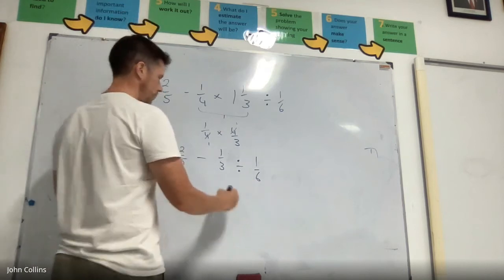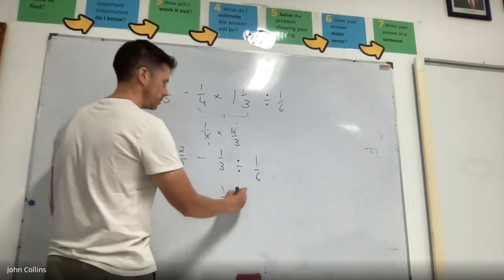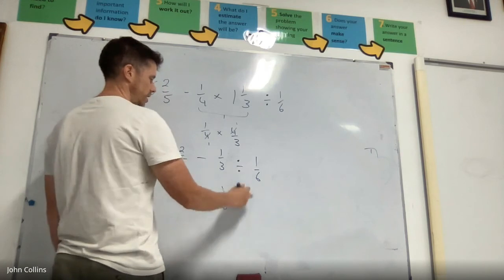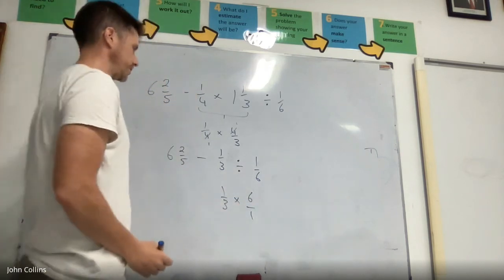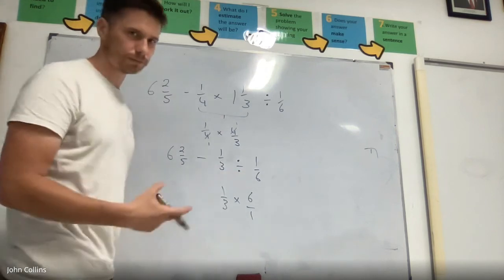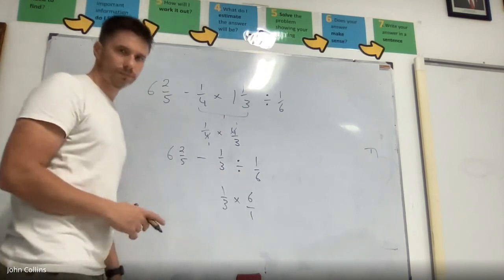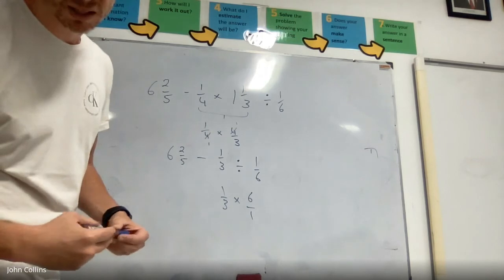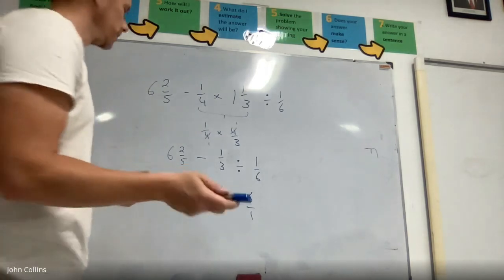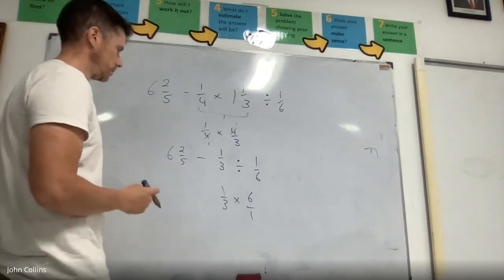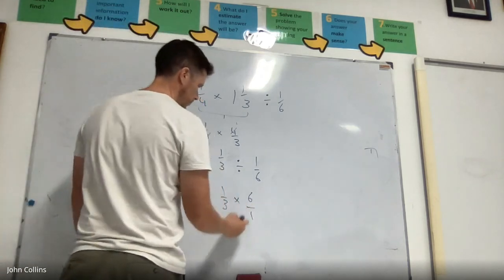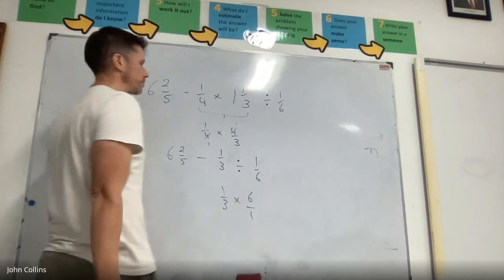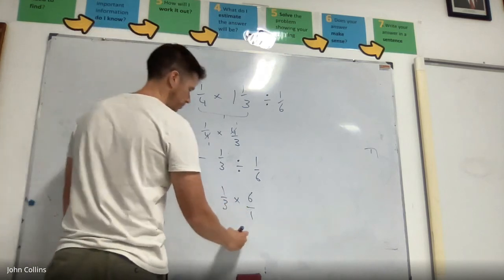But if you want to do it with a method, 1/3 multiplied, change by the reciprocal, 6 over 1. Remember that word reciprocal, it means to flip that fraction. Akil thinks it's 1/3 multiplied by, yes, it is 1/3 multiplied by 6. All right, so let's do that. That'll be 6 divided by 3, which is 2.